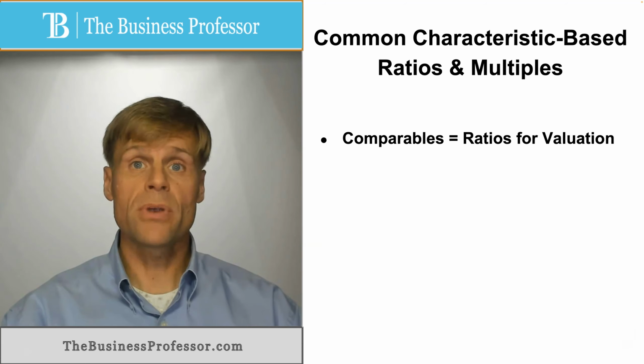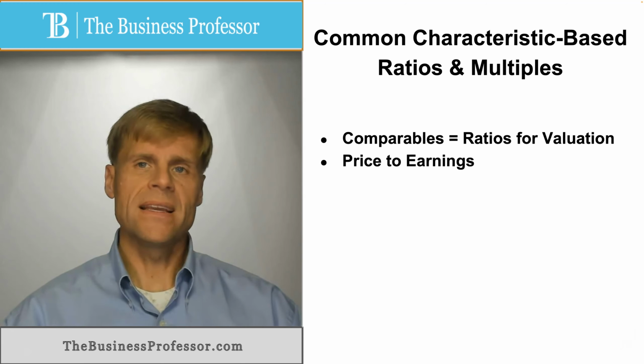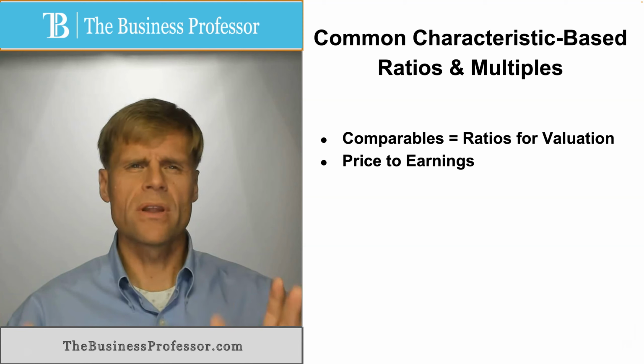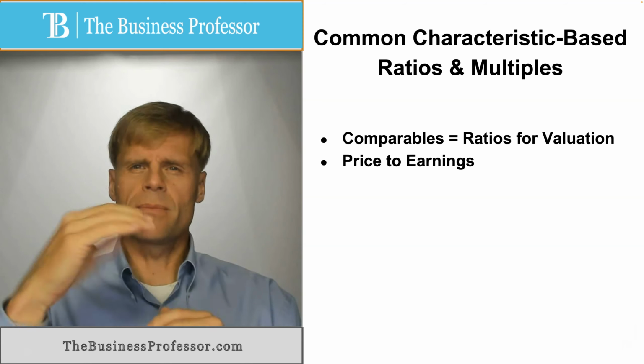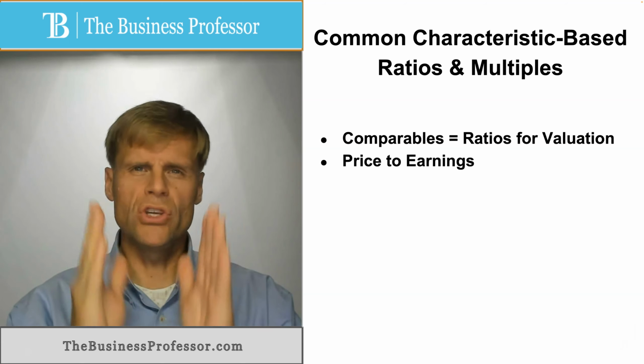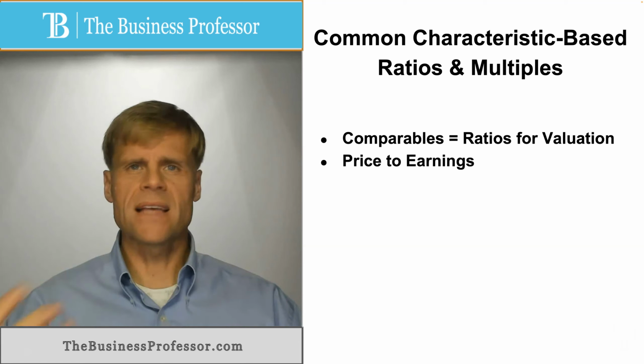So with that being said, comparables are simply ratios or parts of a ratio that are used for valuation purposes. Now, the most common ratio is the price, and we say price rather than total valuation because usually it's price per share. So you're identifying the individual units of ownership interest there because once again, it's a ratio.